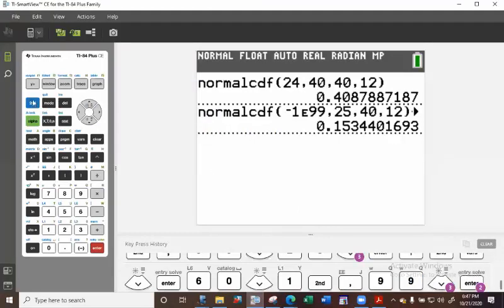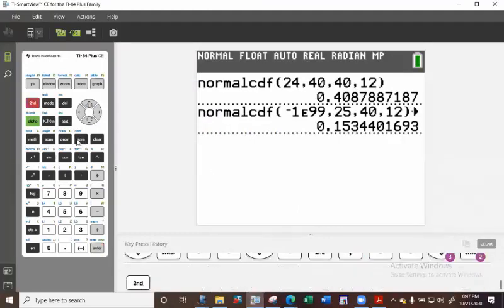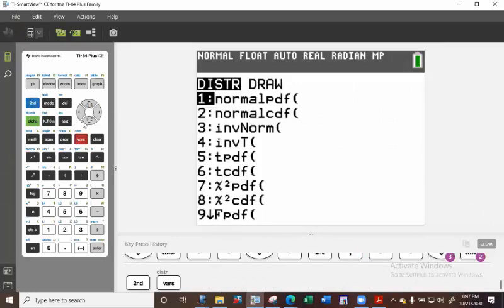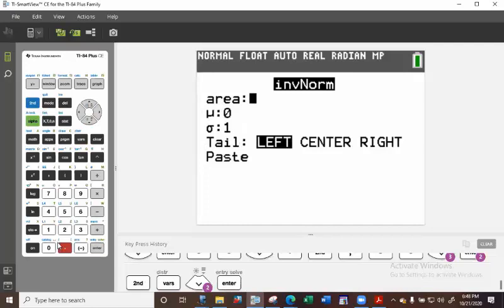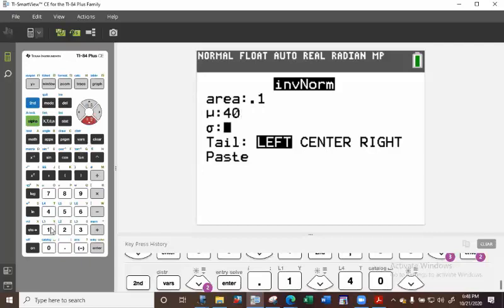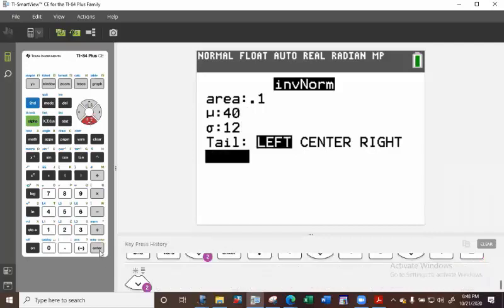Anyway, once we know it's 10th percentile, now it's easy. Now it's inverse norm. So now I do second, inverse norm, 0.1. I believe that's 40. That's 12. I didn't read what kind of answer it wants here.